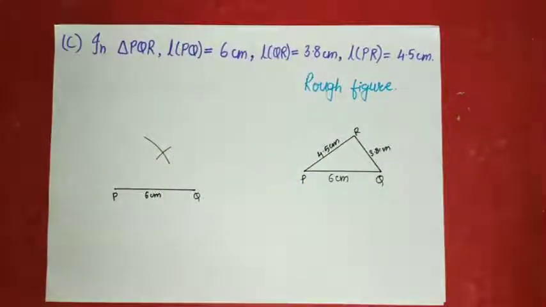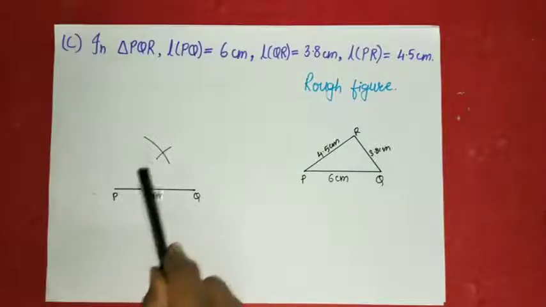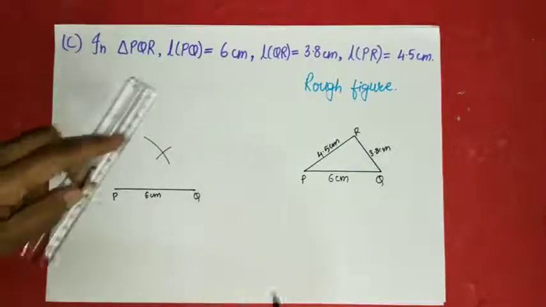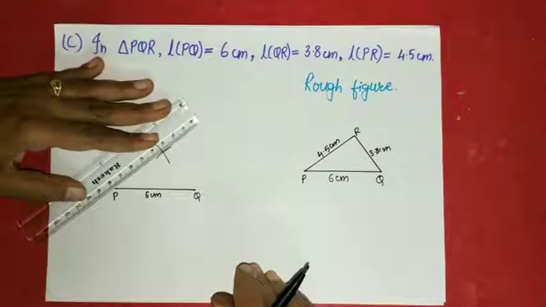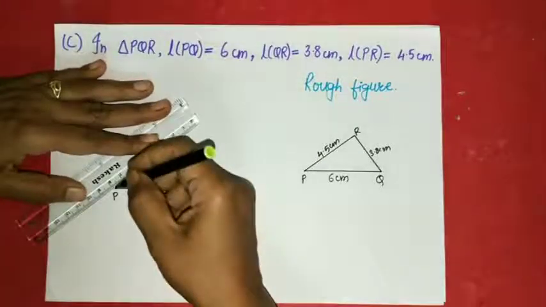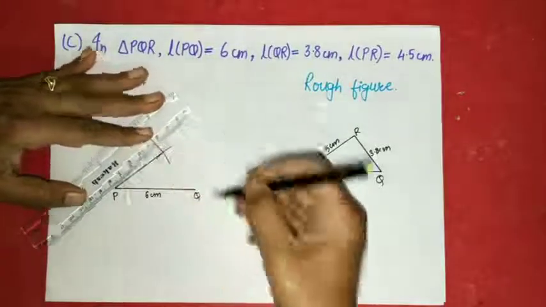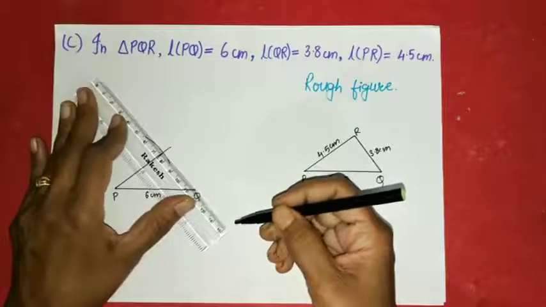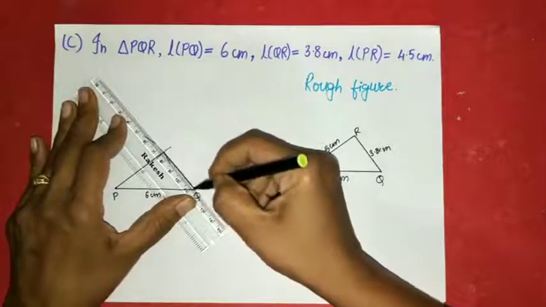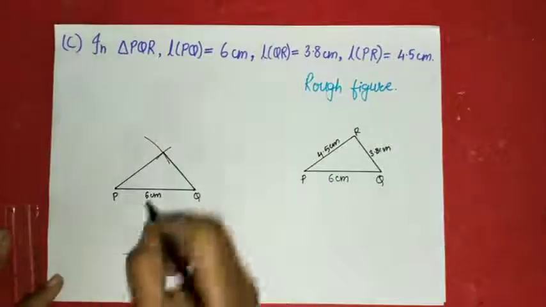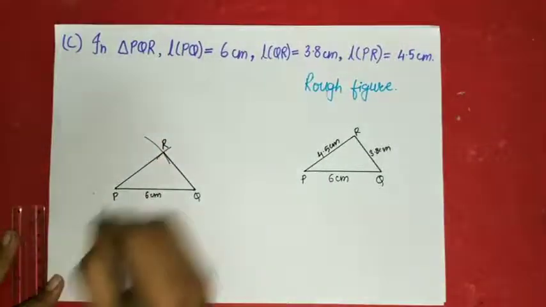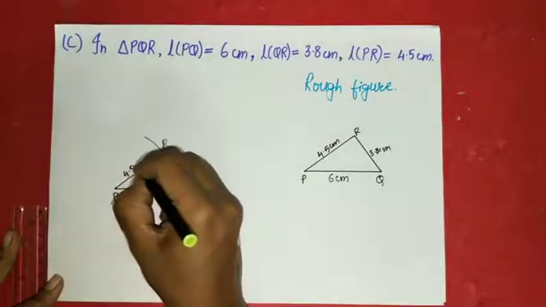Now we will join this intersecting point with P and this intersecting with Q. You have to use ruler for drawing straight lines. Name of this vertex is R. Measure of this segment is 4.5 cm.